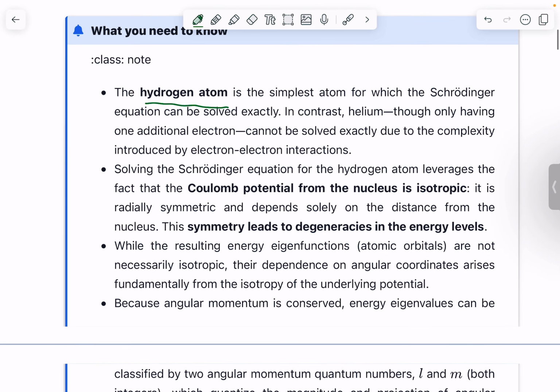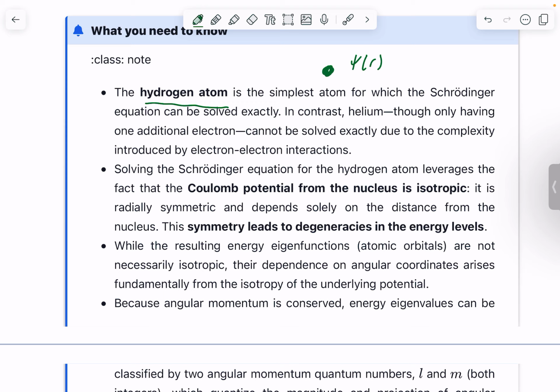So the problem is the hydrogen atom, and to be more specific, we don't care so much about the nucleus, the proton in the hydrogen atom, but more about the electron. The proton is going to be fixed. Basically, there's a little ball here, and we mostly care about studying the wave function for the electron that moves within this fixed field of the nucleus.